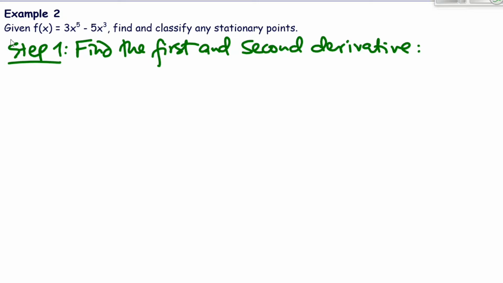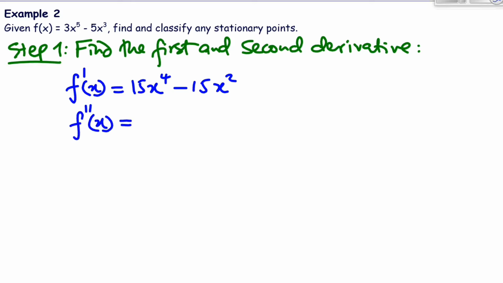Okay, the first derivative will be equal to 15x to the power 4 minus 15x squared. The second derivative will be equal to 60x cubed minus 30x.